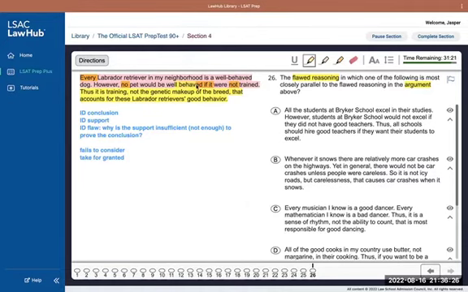So I see repetition of this qualifier, well-behaved, that descriptive word. And then I also see good behavior, right? Well-behaved and good behavior are going to be matching up. I see training matching up here. So all of those things, that repetition of ideas, the negation, the word every and the word if, all of those things indicate to me that we are dealing with conditional reasoning.